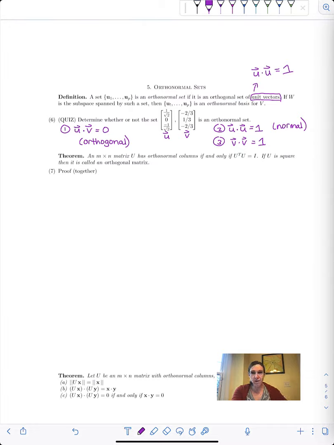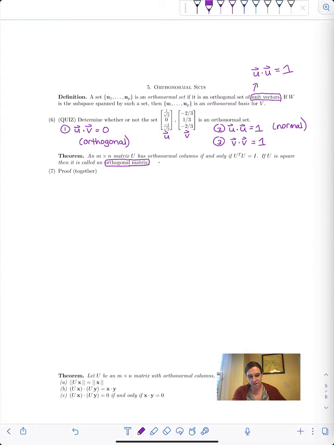Now if we have a matrix that has orthonormal columns, that happens if and only if the matrix transpose times itself equals the identity. And by the way, if U is square, we call it an orthogonal matrix, which is super confusing notation.